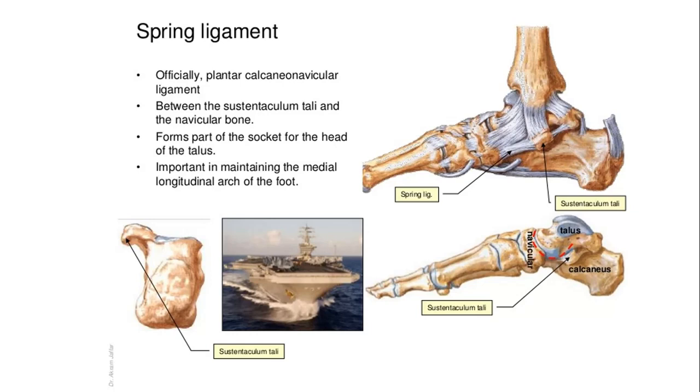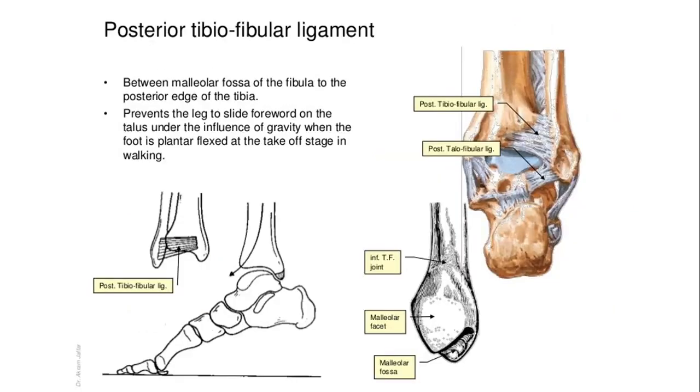Okay, so spring ligament. The posterior tibiofibular ligament is very important, between the malleolar fossa of the fibula and the posterior edge of the tibia. Here is the posterior tibiofibular ligament. It prevents the leg from sliding forward on the talus under the influence of gravity when the foot is plantar flexed in walking.